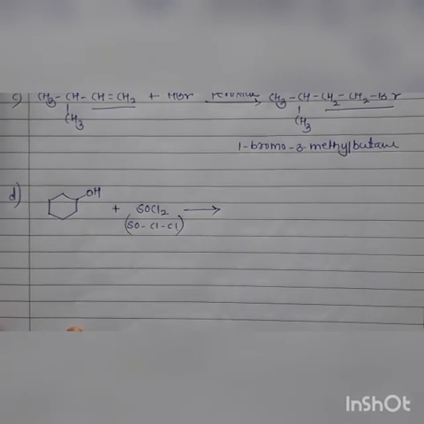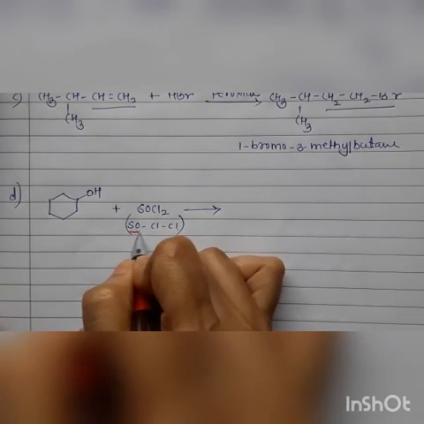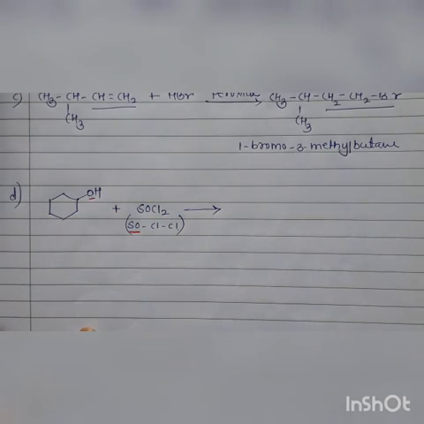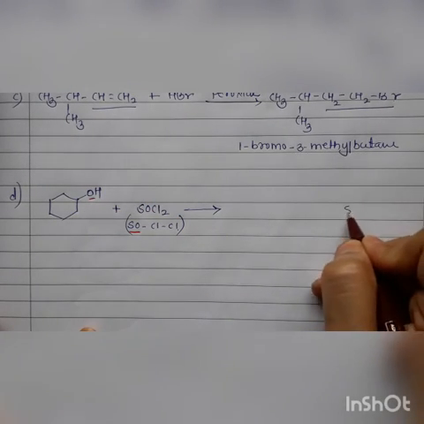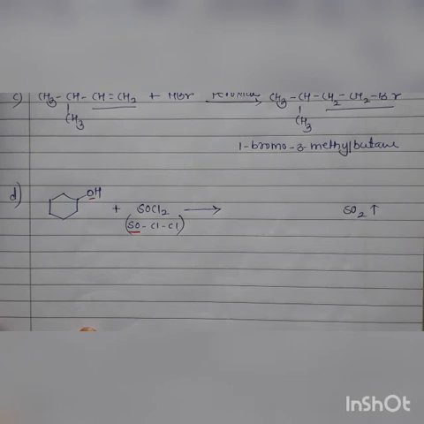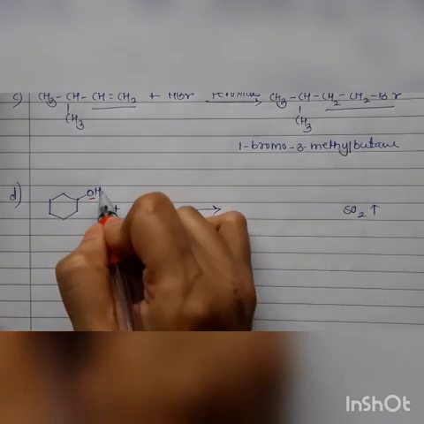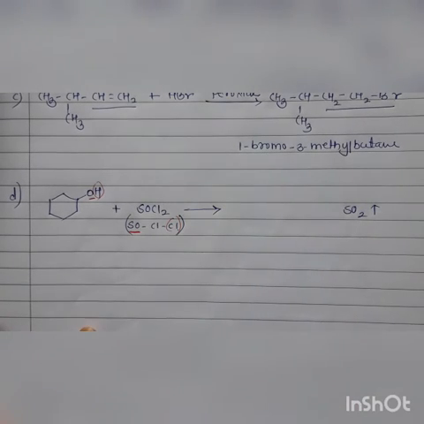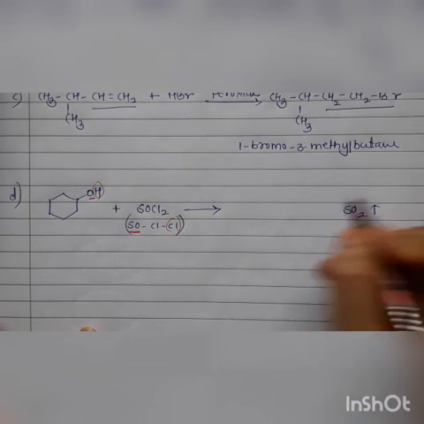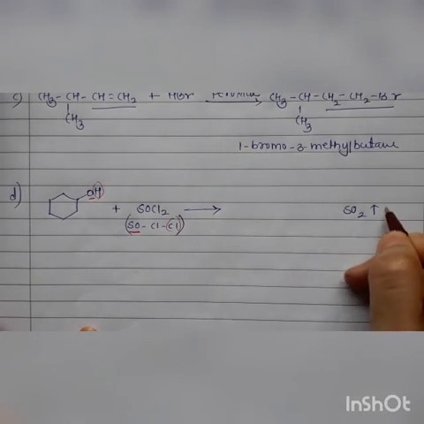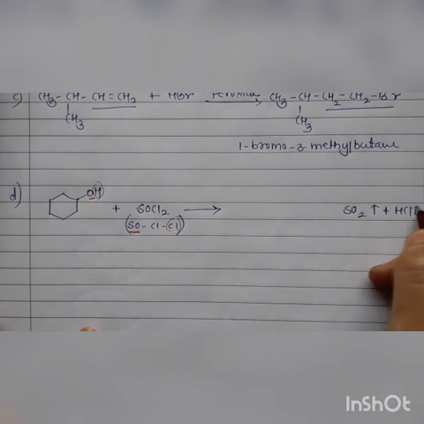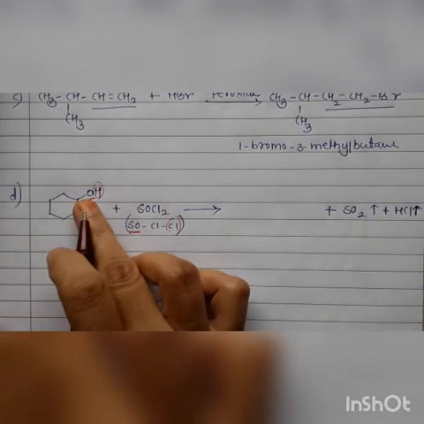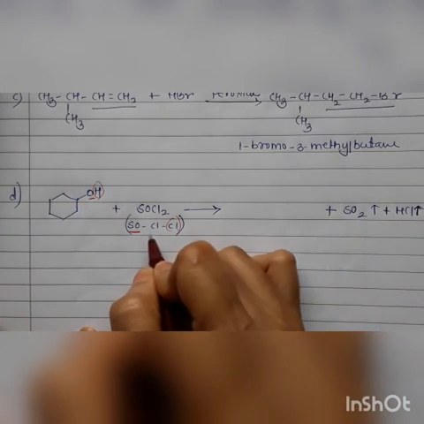So see this SO. This SO and this oxygen, they will combine together and SO2 gas will form. Okay. Then this hydrogen and one of the chlorine will combine and they will form HCl gas. Okay. We have seen this reaction yesterday. Now oxygen and hydrogen have gone. Now 1 chlorine is remaining.